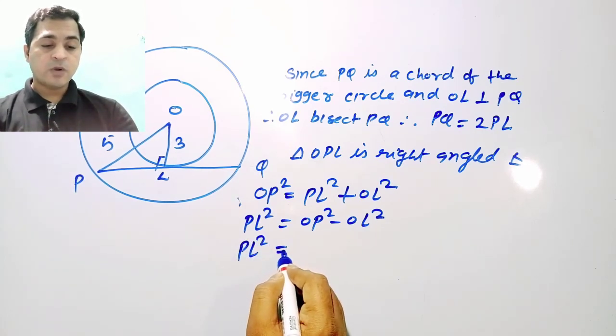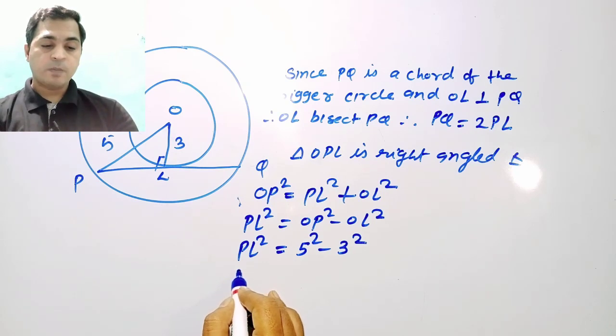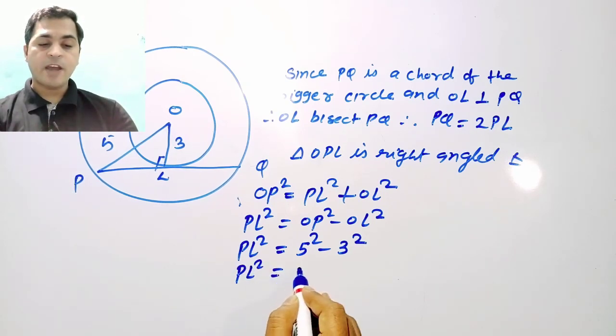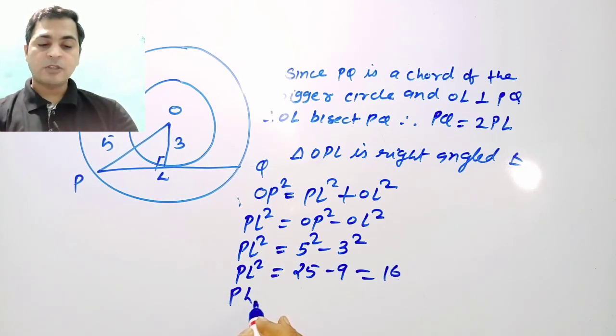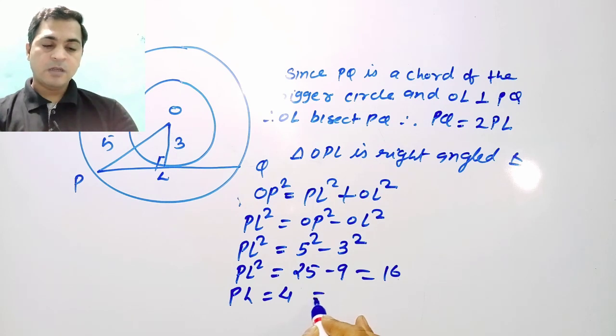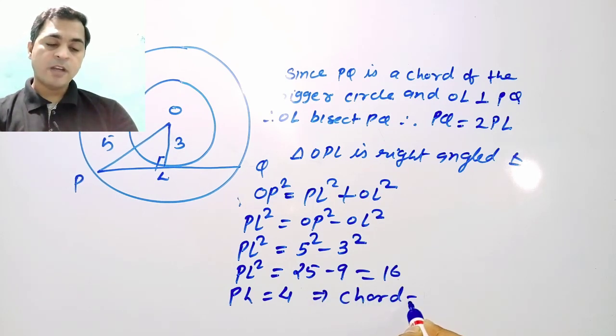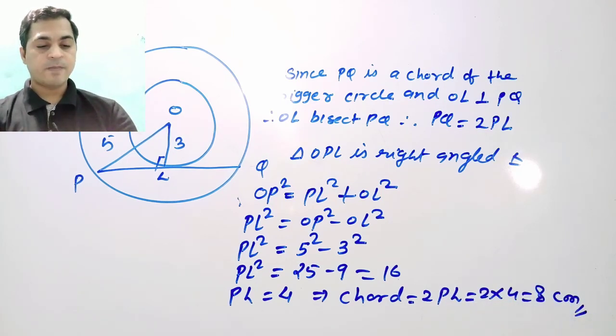So PL square is equal to 5 square minus 3 square, which is 25 minus 9. So the value of PL square is 16, so the value of PL is 4 centimeter, right? Students, we want to find out the chord, which is twice of PL, so 2 into 4, this is 8 centimeter.